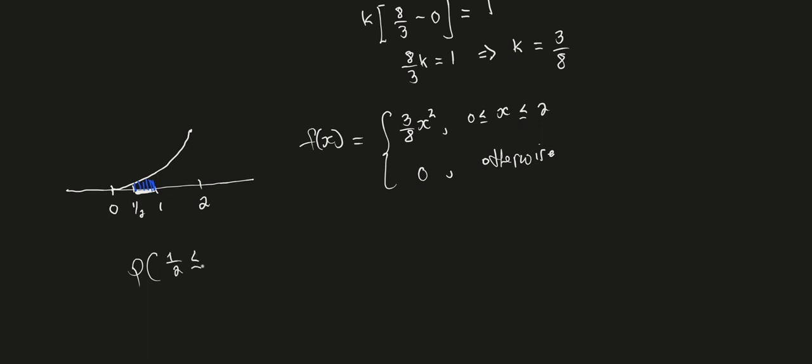But if you think about this from an area standpoint, if I want to find this probability where x is greater than or equal to 1/2 but less than or equal to 1, this is basically saying that the line segments at x equals 1 and x equals 1/2 are included. In fact, let me take this off, and I'm going to draw this a little bit bigger to really emphasize the point here.